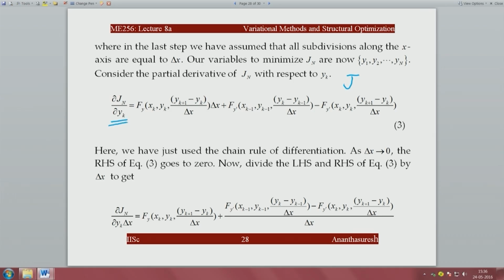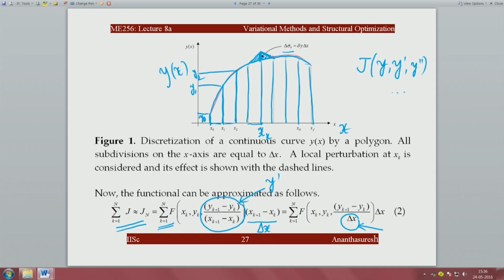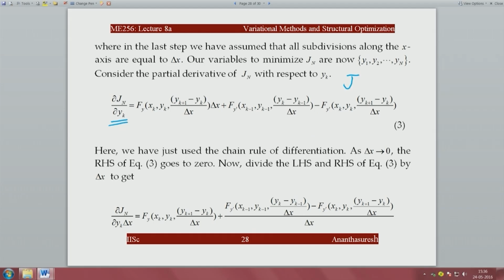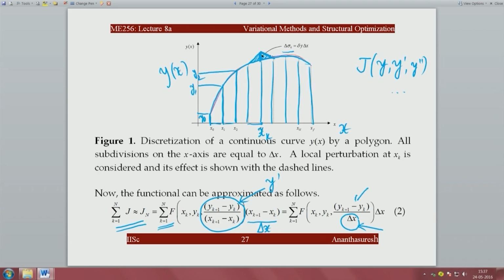If I do that, in this summation there will be a lot of terms as k goes from 1 to n. So, if I take the derivative with respect to y_k, we will be left with only 3 terms. This is the first term where we have y_k, and also in the y prime, this approximation is y prime.